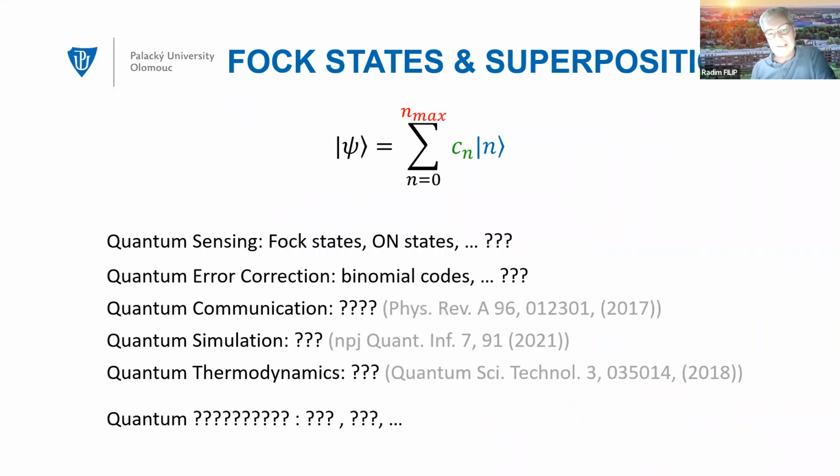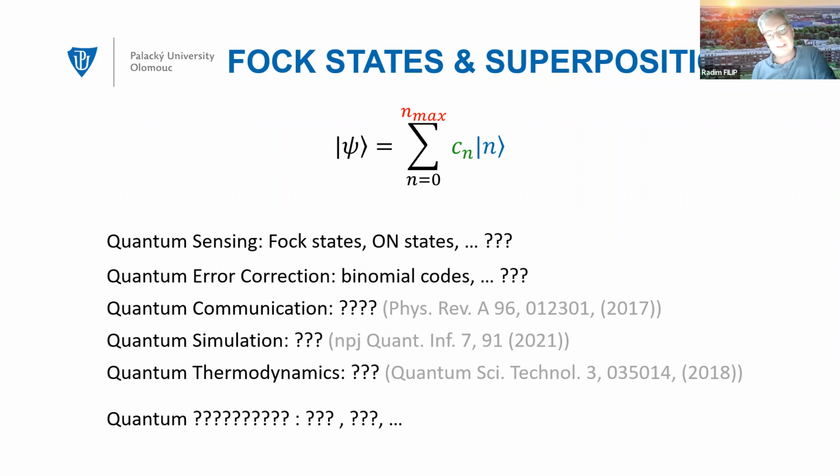There are already known applications of these quantum non-Gaussian states. They were experimentally tested, for example, for sensing, using Fock states and NOON states, which means superpositions of 0 and n quanta. For error correction, there is a big deal with binomial codes, but also GKP codes and other error correction methods for bosonic systems, which are quite reasonable candidates for quantum error correction for future quantum computers.